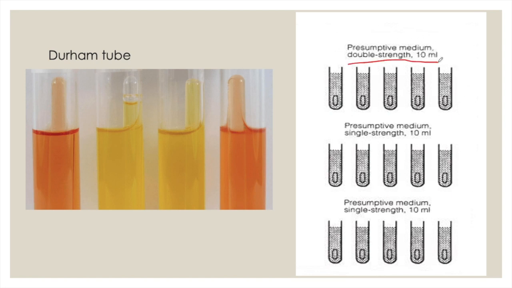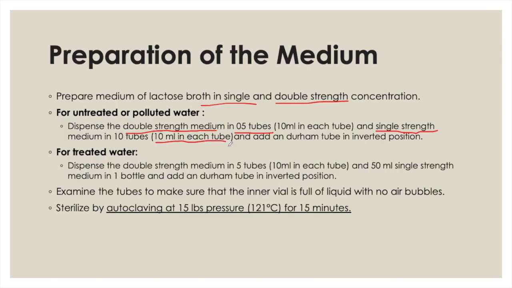First of all, this is double strength of 10 ml each, this is single strength of 10 ml each, that is the 5 test tubes, and this is also single strength of 10 ml each. We will use these three for the process of testing. And this is the Durham tube. You can see here, this one is the Durham tube. This tube is placed inverted into this medium. What we will do to the medium, we will see later.